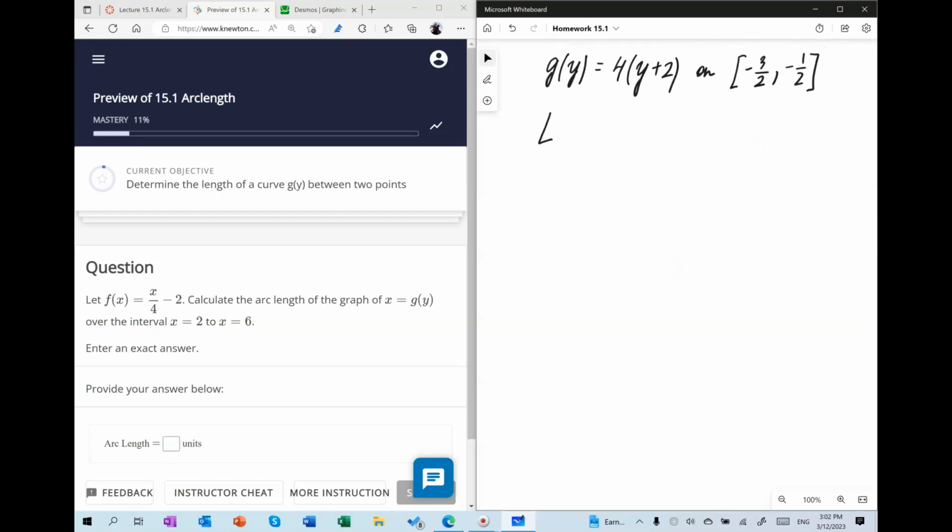Then we're going to consider this universal formula, but now because we turned everything into y related expressions, we would interpret this formula as the integral of the square root of 1 plus g prime of y squared dy, and the interval of integration will be from c to d, where c and d refer to the lowest and highest y values.